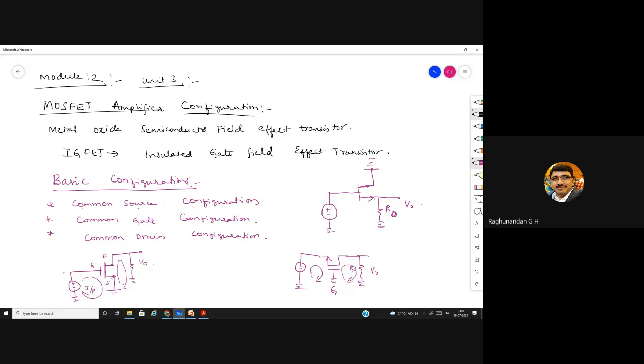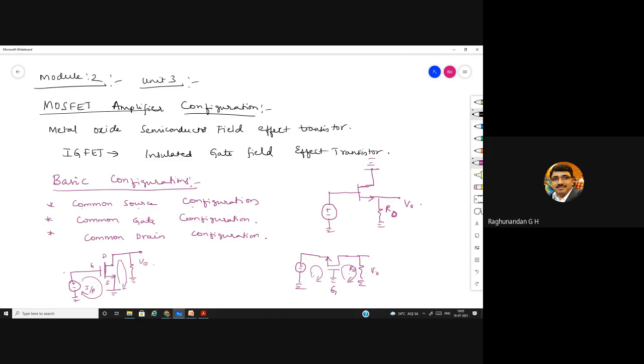Since it has a low current gain, the overall power gain becomes low compared to the common source or common drain configuration. But in the common gate configuration, you don't have any phase difference between the input and output. Both are in phase.